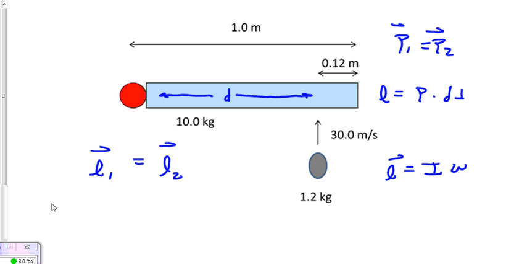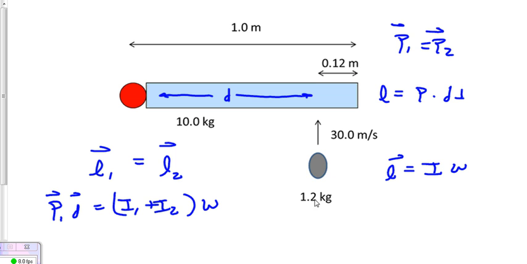We're going to have momentum 1, which is the momentum of this particular piece of putty, multiplied by the distance it is to the point of rotation, and that'll equal the moment of inertia total, I'll say I1 plus I2, multiplied by omega.